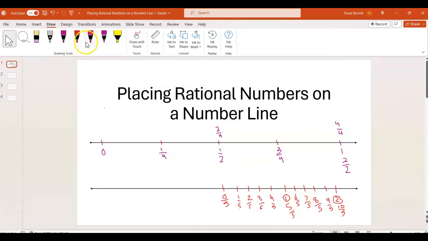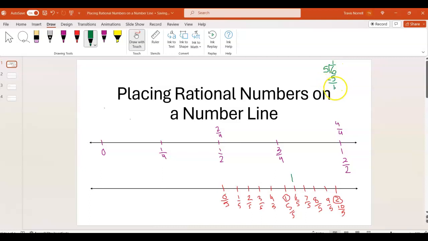5, let's change my color here. 5 will go into 6 1 whole time. But I have 1, think about 5 goes into 6 1 whole time. 1 times 5 is 5. And if I subtract, 6 minus 5 is 1.